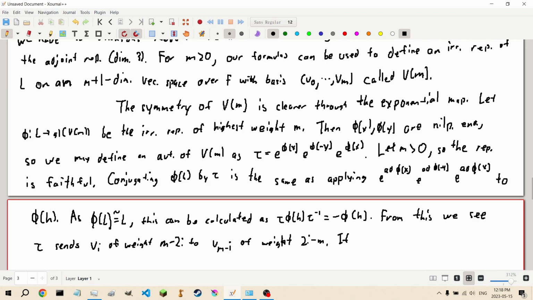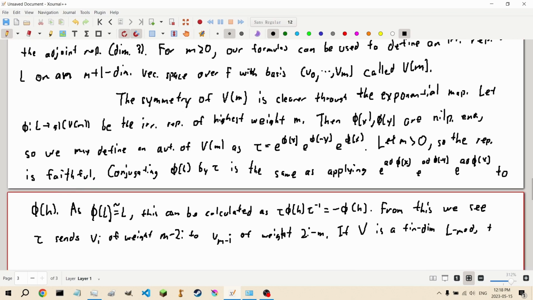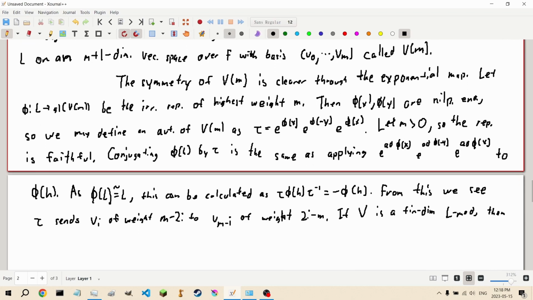If V is a finite dimensional L module, then this tau interchanges positive and negative weight spaces.